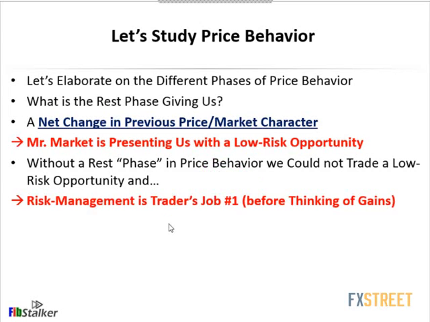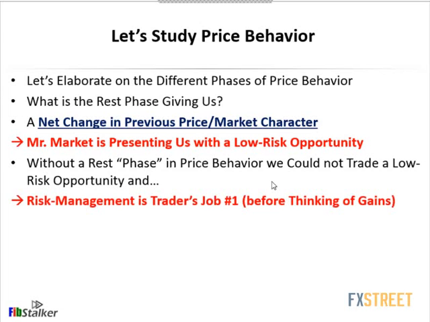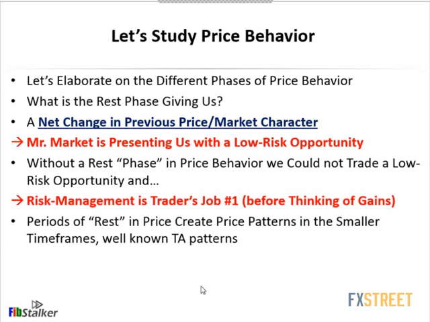By the way, later in the course I'll mix elements of my trading model with this system. So risk management is the trader's job number 1 before thinking of gains, because it's about low risk opportunity. It's all about risk. It's not about gains. Gains, they come only later.